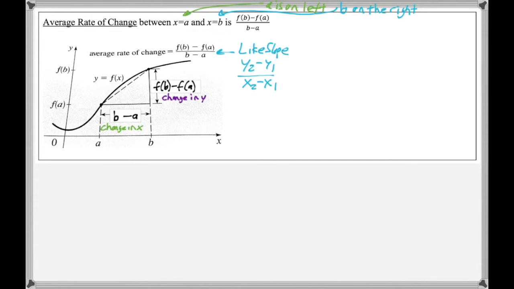So this average rate of change is taking the average slope of the curve.